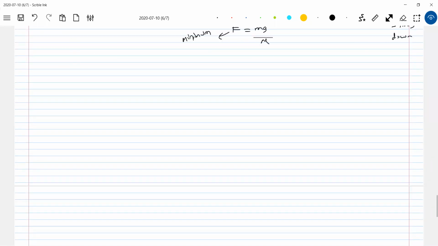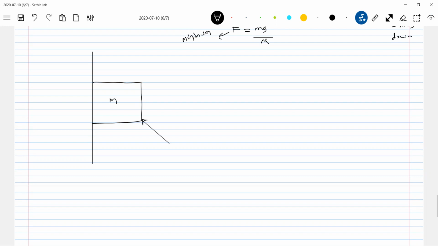Now, if I apply force at an angle, what are the conditions for this? So we applied a force at an angle. What are the forces that will be acting? mg.